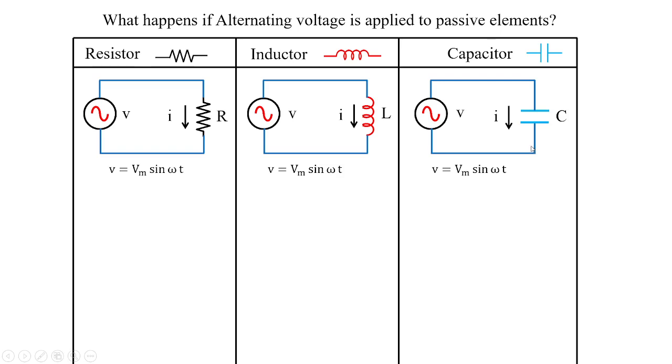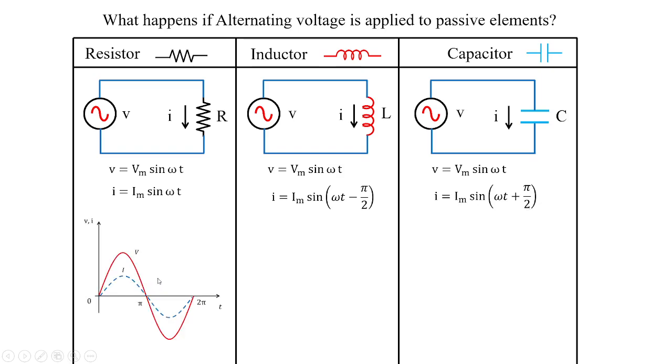If you take the instantaneous value of current, the current is Im sin omega t for resistor. For inductor it is Im sin(omega t minus pi by 2), meaning 90 degrees. And for capacitor it is Im sin(omega t plus pi by 2). If you look into the waveforms of the phasors, you can see the voltage and current for a pure resistive load when input supply is AC.